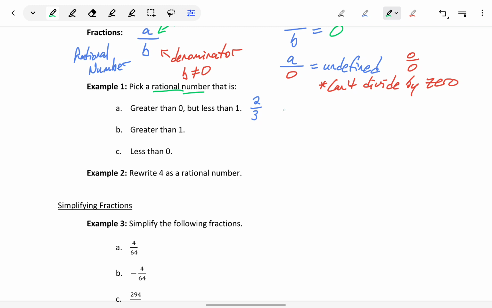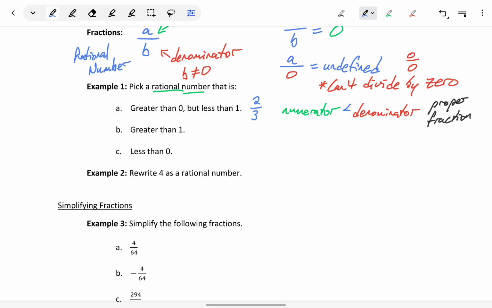In this case, the numerator is less than the denominator, and we refer to that as a proper fraction. If the numerator is smaller than the denominator, we have a proper fraction, and our fraction is somewhere between 0 and 1.